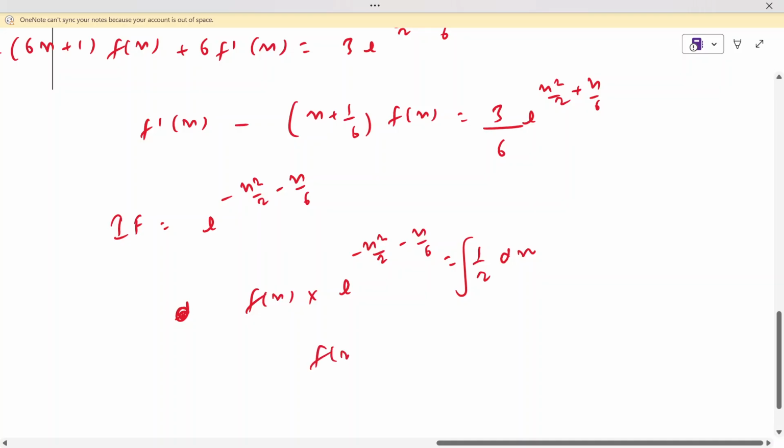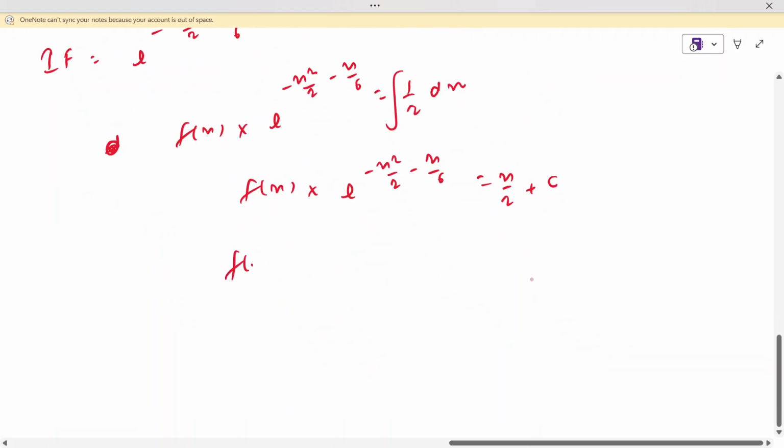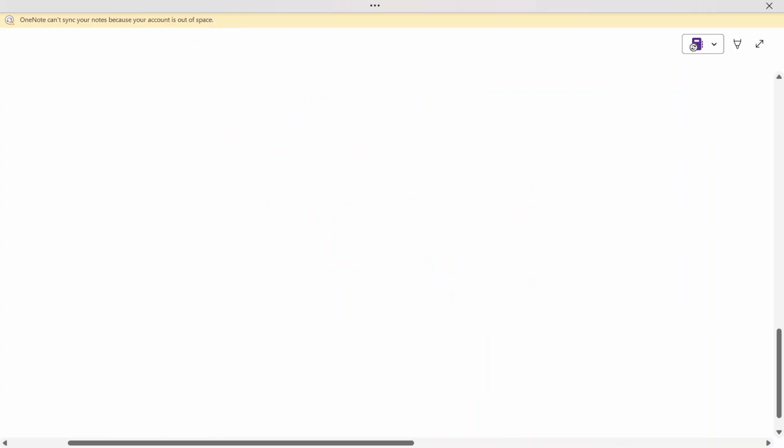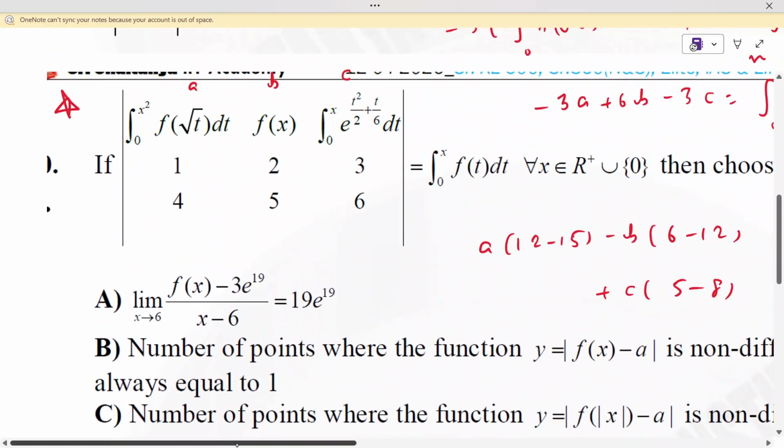So it is going to be f(x) into e to the power minus x square by 2 minus x by 6 equals x by 2 plus c. And the function will be x by 2 plus c into e to the power x square by 2 plus x by 6. Got it?